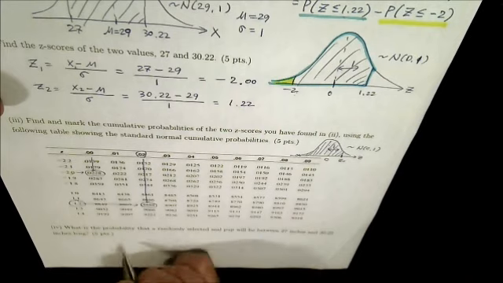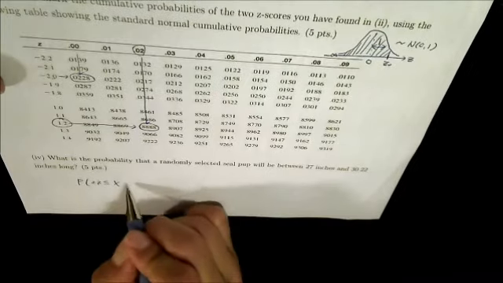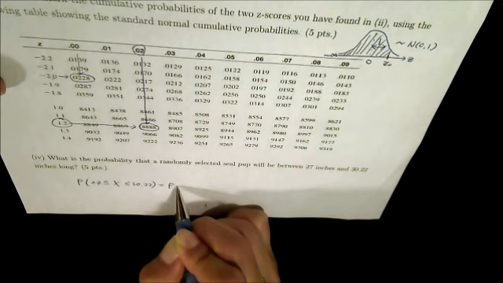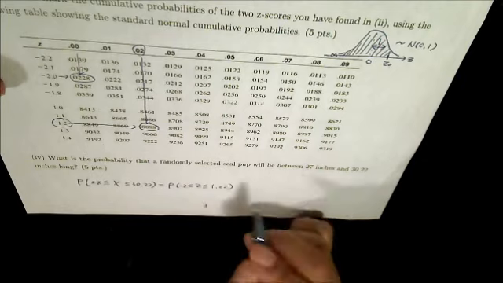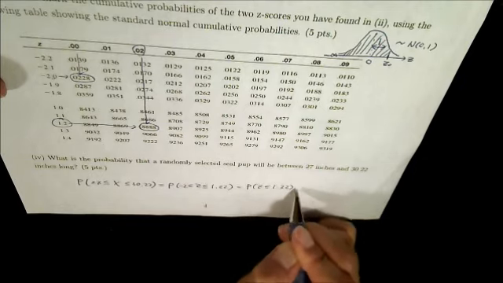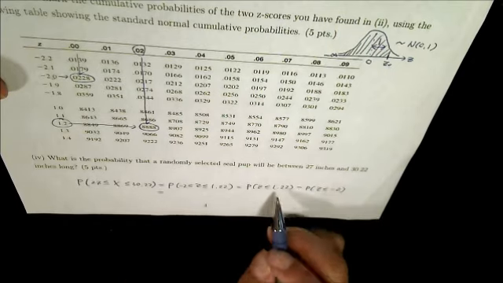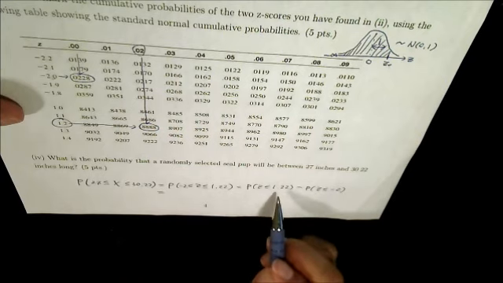Now we want to find the probability that x is between 27 and 30.22, which is the same as the probability that your z-score is between negative 2 and 1.22. You can rewrite this as the probability of z less than 1.22 minus the probability of z less than negative 2, and we have found these two numbers. This first one must be bigger, right?